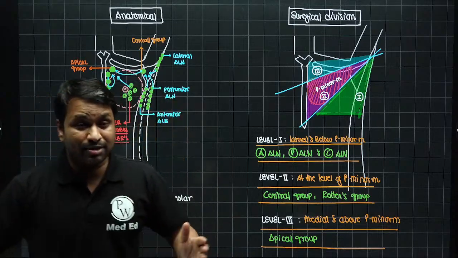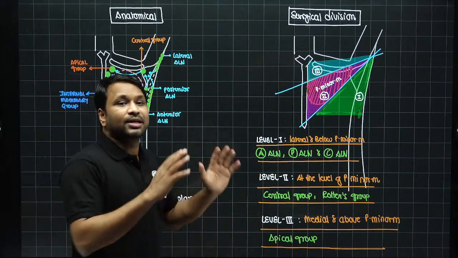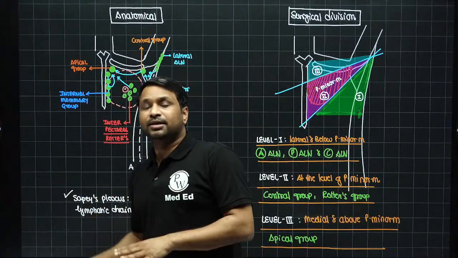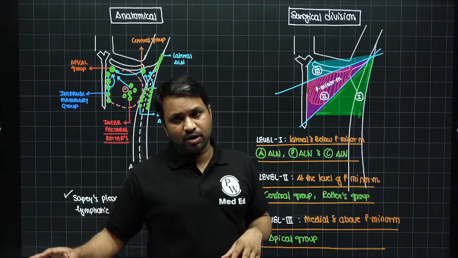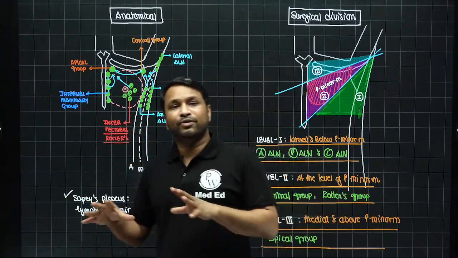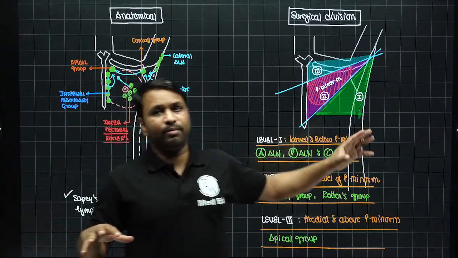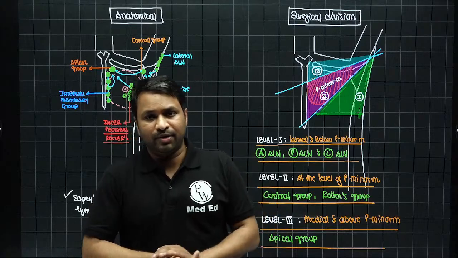When you do not require surgical excision, it does not make sense to classify them surgically. Hence, the internal mammary group of lymph nodes are not classified in the surgical levels, but they will be depicted in your anatomical context. Yes, we'll consider them when we go with TNM staging, but for the surgical division, this is what you have to remember, and for the anatomical orientation, this is what you have to remember.